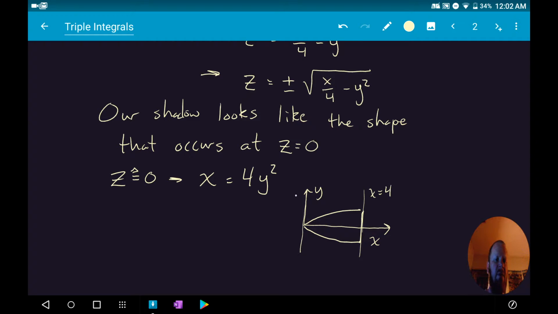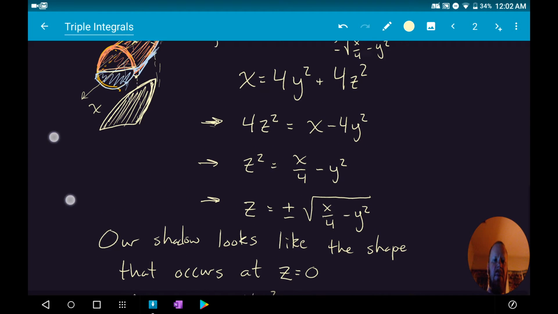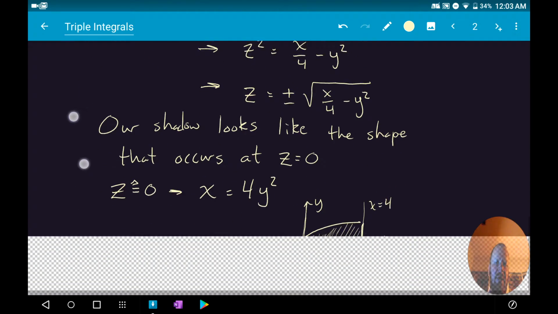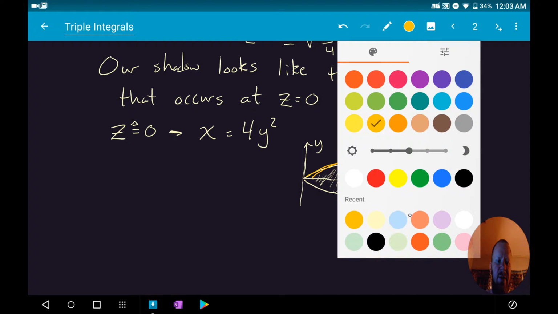That's our boundary there. So here's what it looks like in the xy plane. And if we project that over, that's what it looks like in 3D space. So anyway, here's our shape. And we can split this up into a top curve and a bottom curve.